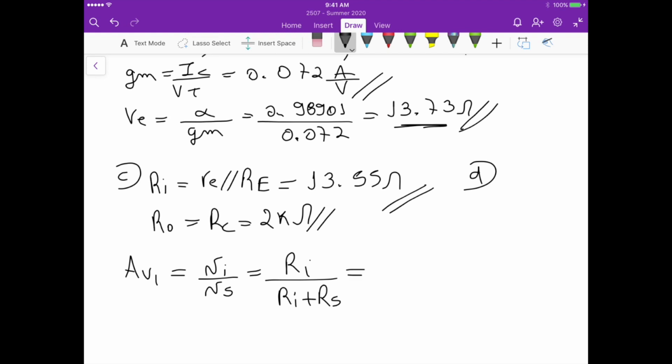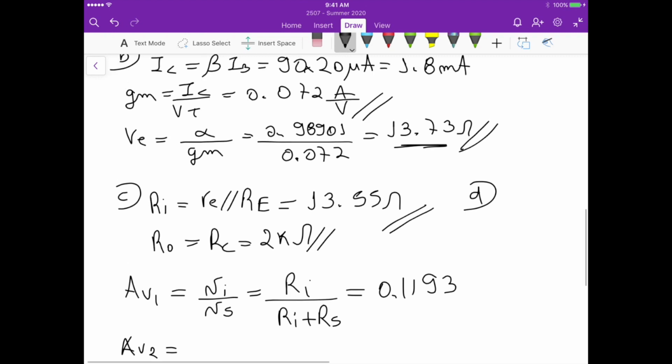And this gives us something around 0.1193.